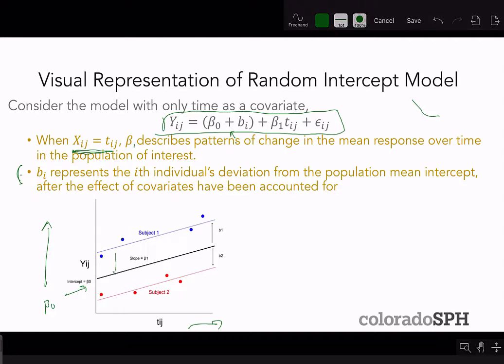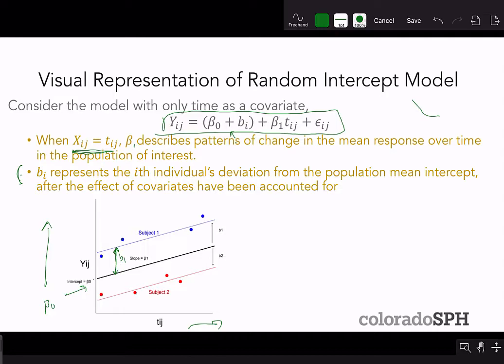And so b1, which would be the subject-specific intercept for the first subject, is just the difference between beta 0 and that blue line there. So in general, subject 1 has data points that are higher than the population average, which is that black line here. So their intercept is going to be higher than the population intercept.